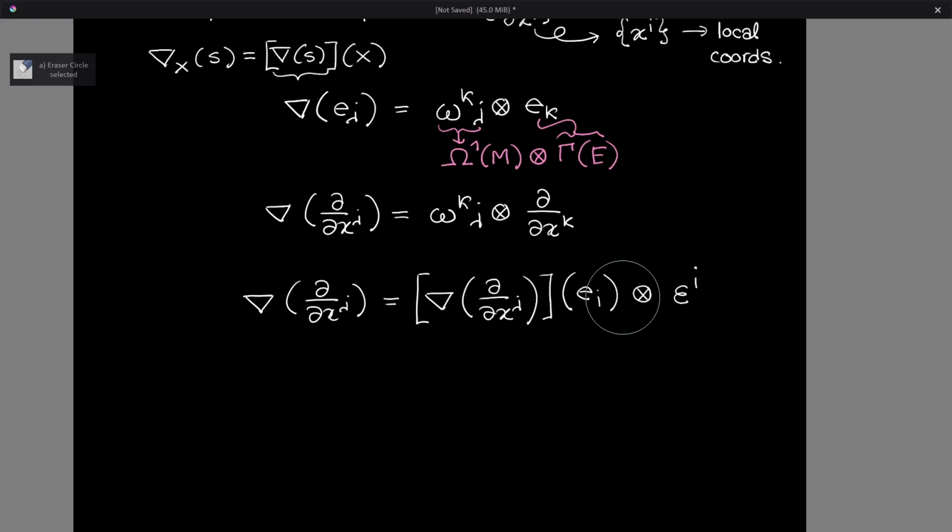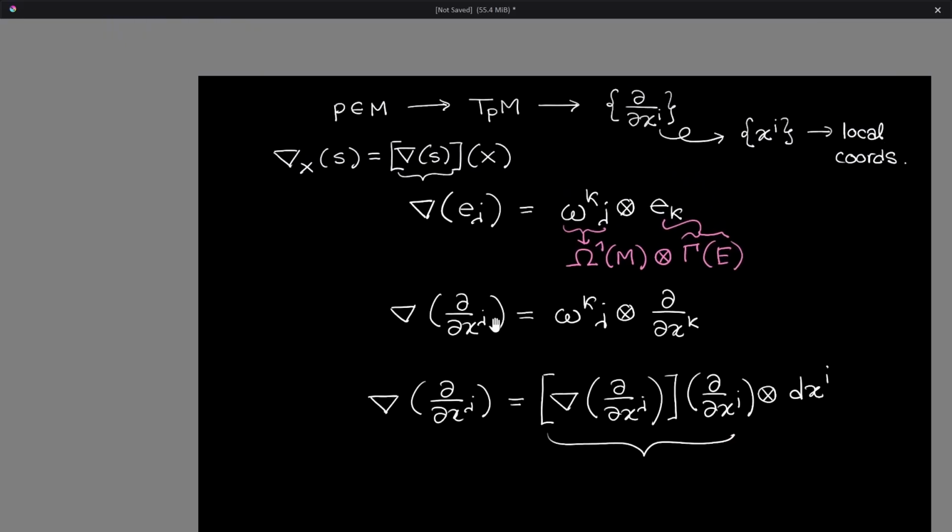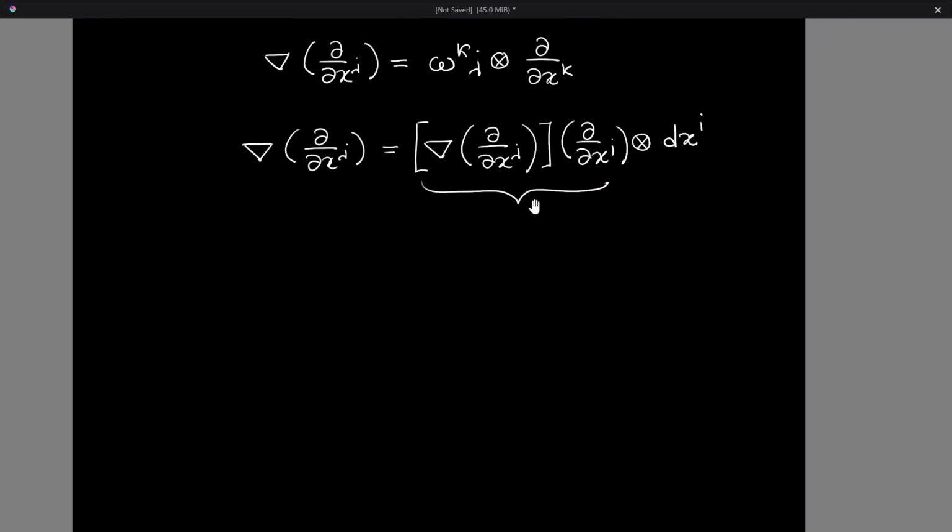So let's substitute these. These are actually partial x_i, and this is dx^i, right? So if we evaluate this using this definition, then what we get is nabla of partial x_i of partial x_j.